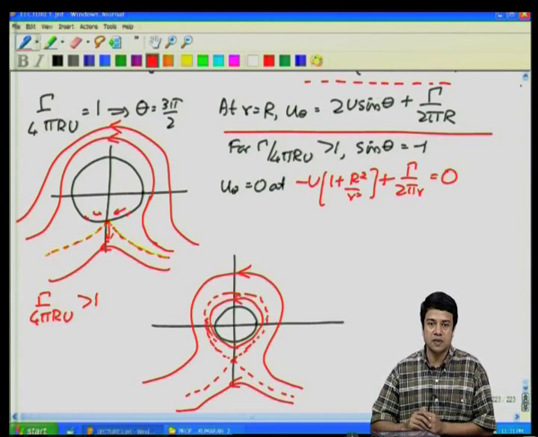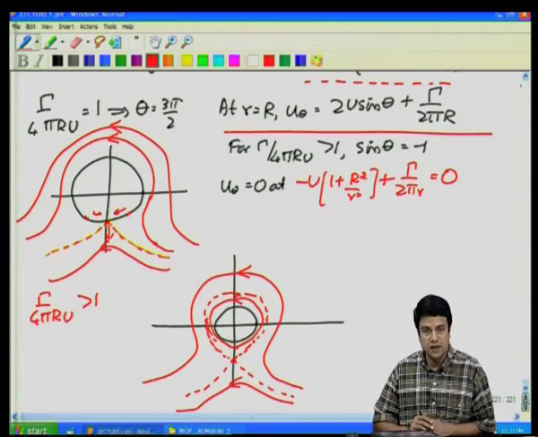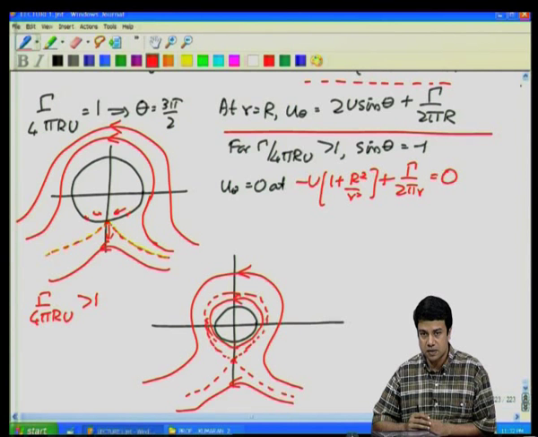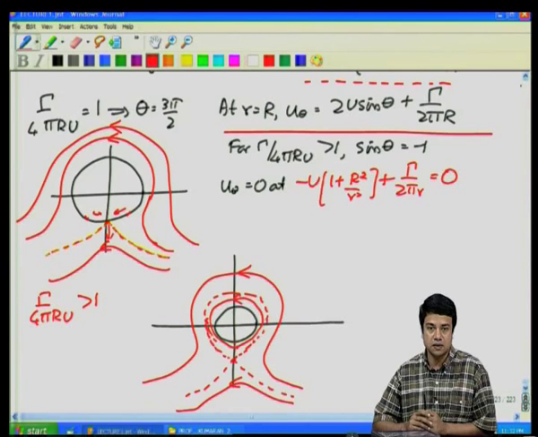In this case, if gamma is positive, it means that circulation is anti-clockwise. So, in that case you get an asymmetric velocity profile, and if gamma by 4 pi r u is less than 1, you have stagnation points on the surface of the cylinder. If it becomes greater than 1, the stagnation point shifts into the fluid, along the angle 3 pi by 2 downwards, and you have closed streamlines within a region around the cylinder.